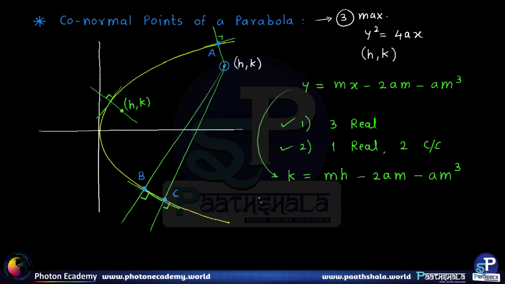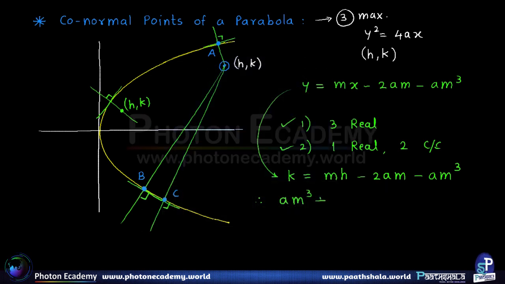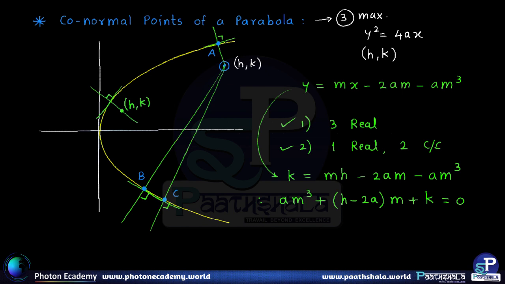Therefore we get am cube plus 2a minus h times m plus k is equal to 0. Sorry, it has to be the other way around because we are taking the terms on the left hand side. It should be 2a minus h times m.